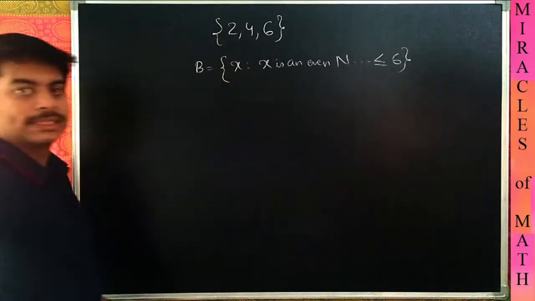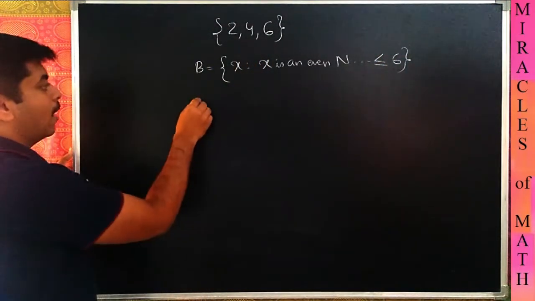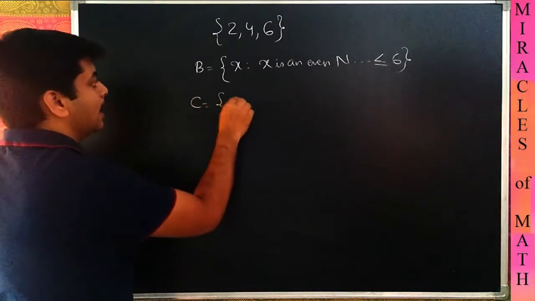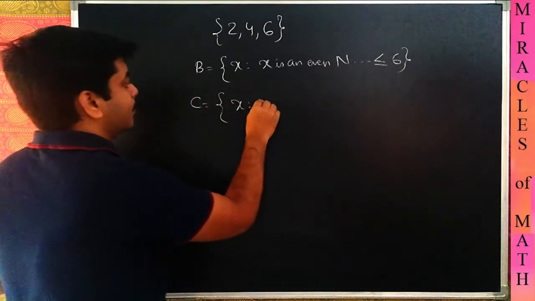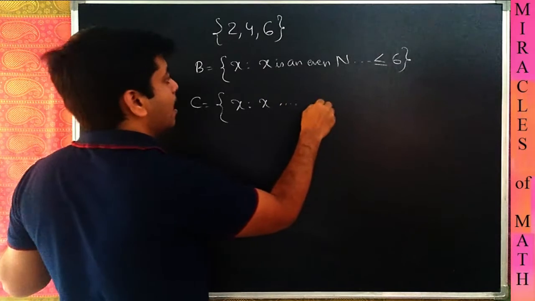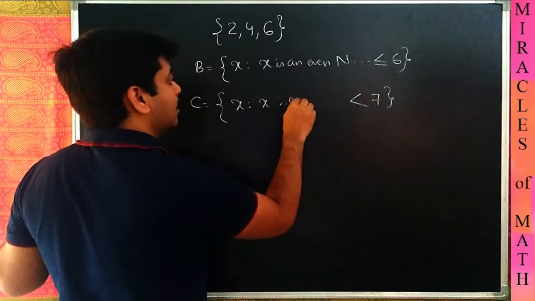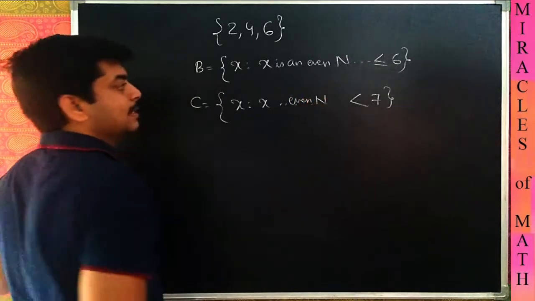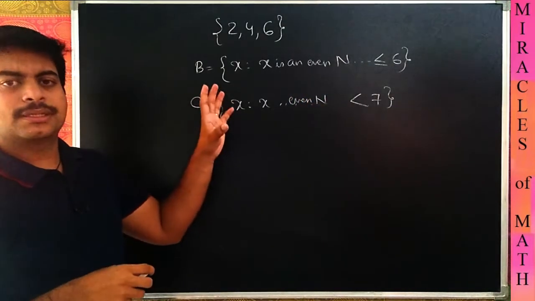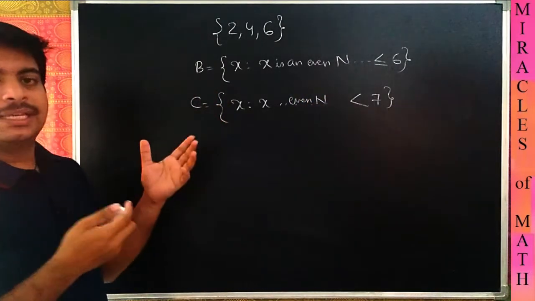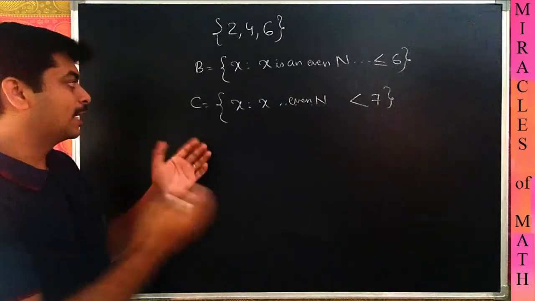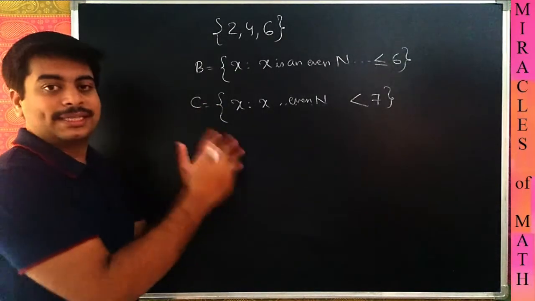Okay, I will write it like this: x is an even natural number less than 7. Does this give the same answer? Yes. Can we write in any other way? Yes. If you can think, you can write in several ways.